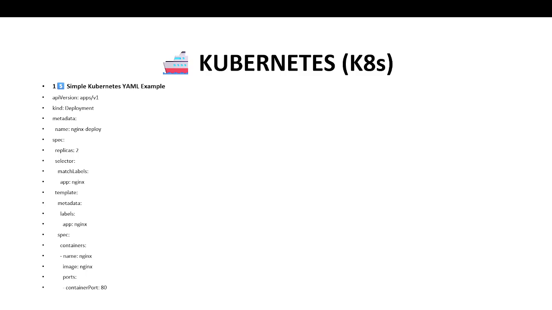So we are providing the container specification. Name is nginx, image, where it gets the image from, that is also nginx. Ports: for the container we are giving container port 8080, that is the http port.